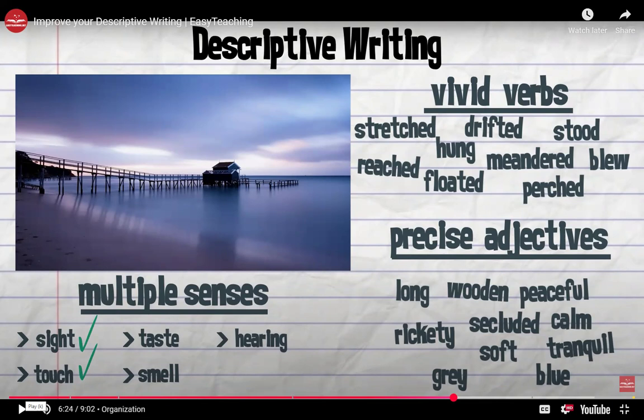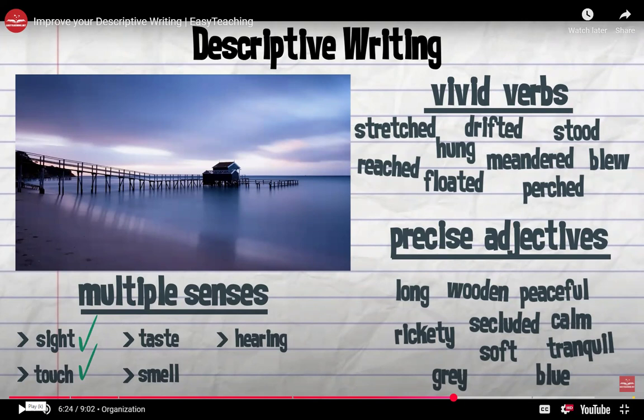How about taste? Can you think of anything that somebody standing here might taste? Absolutely. The salt from that ocean water is up in the air and we're tasting it. What else might we taste? What has anybody sensed when they're on the beach?